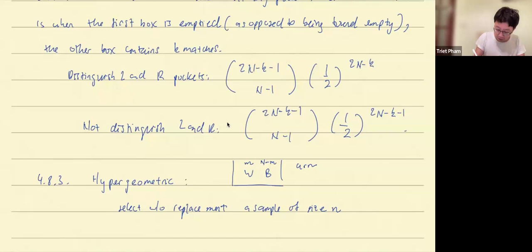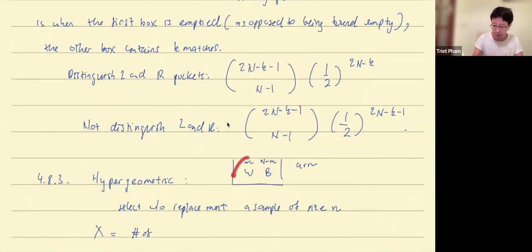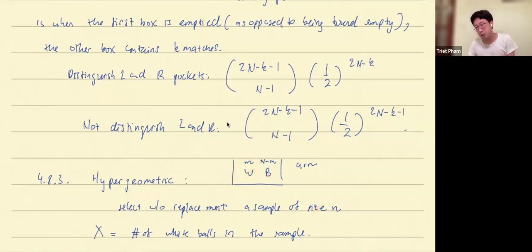And the random variable that you're interested in is the number of the first type, say white balls, in the sample. That's it. It's a bit long to describe because you have to give the numbers for the first type, second type, and the sample size.